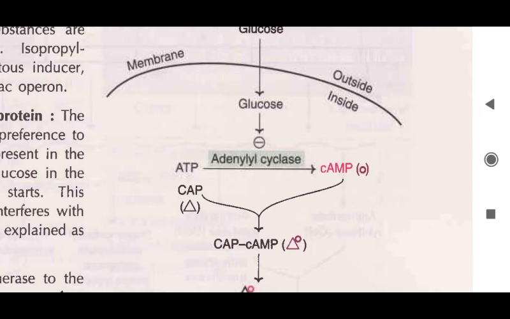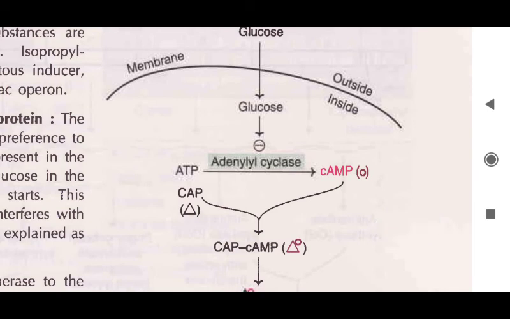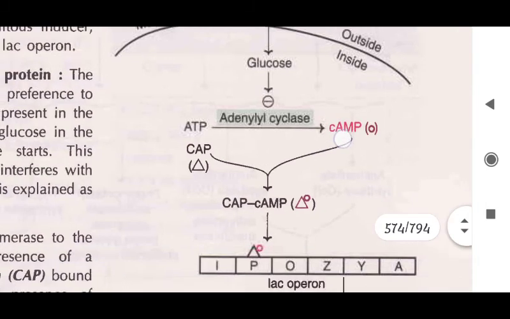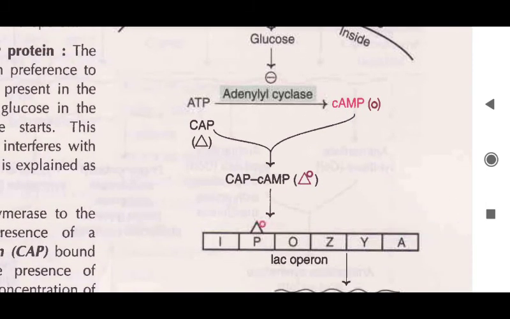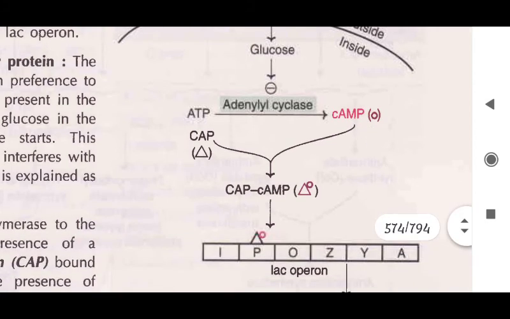This cyclic AMP then binds to the CAP, the catabolite activator protein, shown in the rectangle, with cyclic AMP shown in the circle. This CAP complex binds to the promoter and allows the RNA polymerase to bind. But if glucose is present, it inactivates adenylyl cyclase, so cyclic AMP will not form, and the CAP complex will not form.